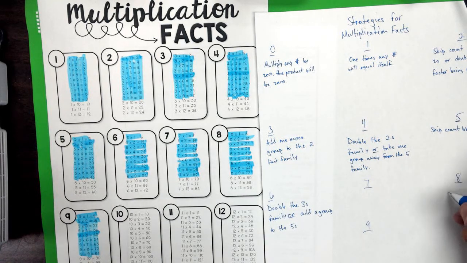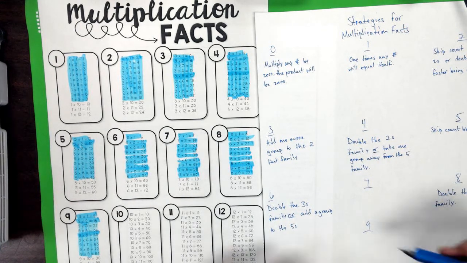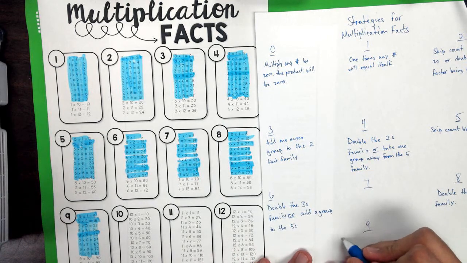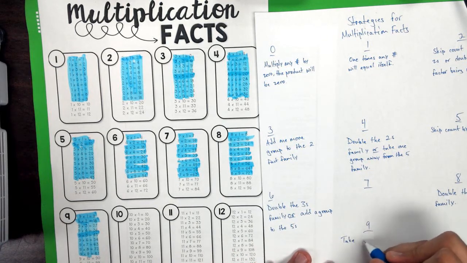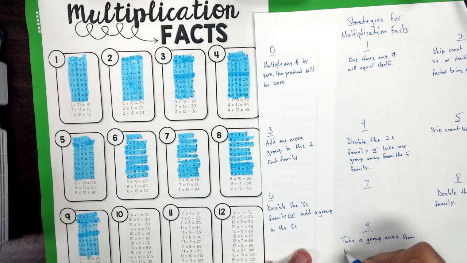For the 8's, we can double the 4's to help us remember. The 9's, we can take one group away from the 10's group.